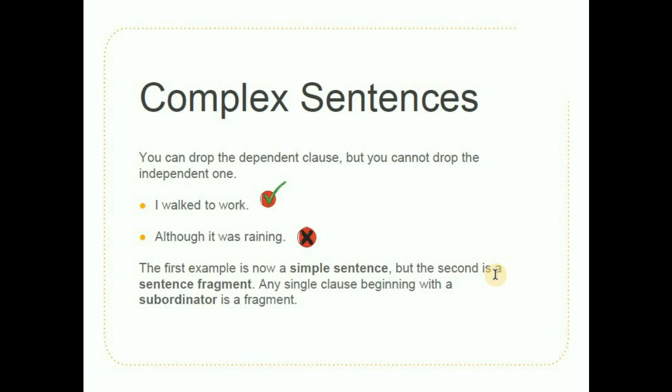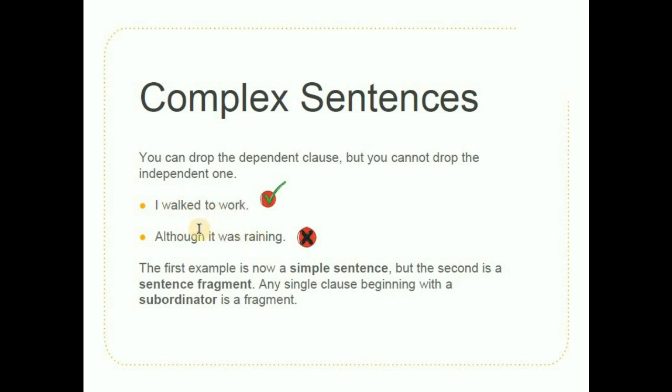We can, however, delete the dependent clause and leave the independent clause, which would give us a sentence like this: I walked to work. What we mean by complete thought is that this sentence stands alone. We have a subject, I, a verb, walked, and altogether I walked to work makes sense.